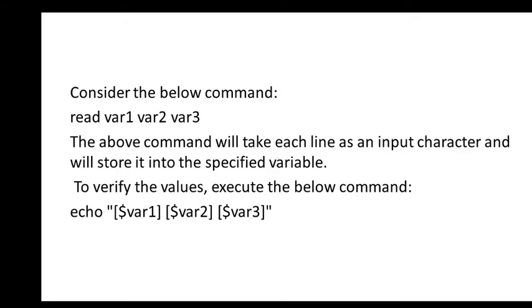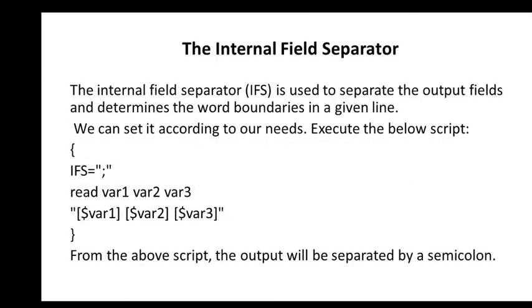Consider the below command: read variable1 variable2 variable3. The above command will take each line as input and store it in the specified variables. To verify the values, execute the below command: echo $variable1 $variable2 $variable3.